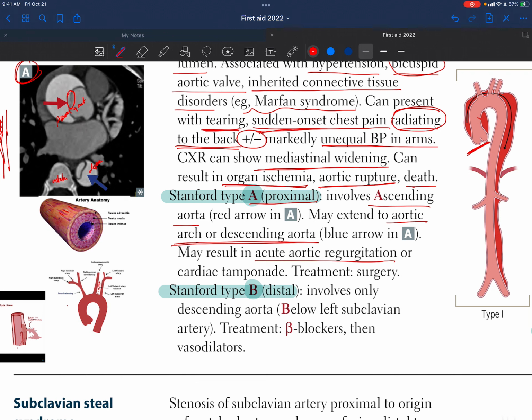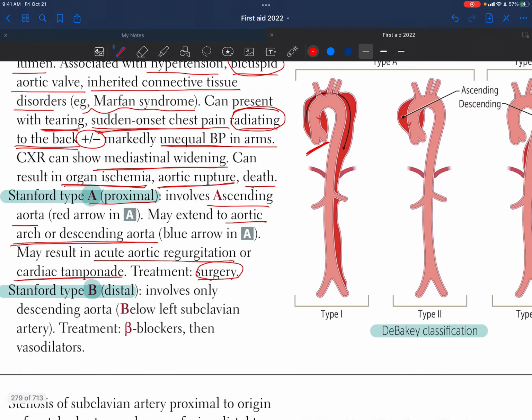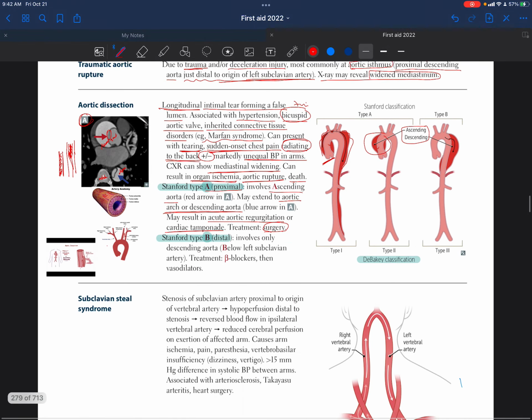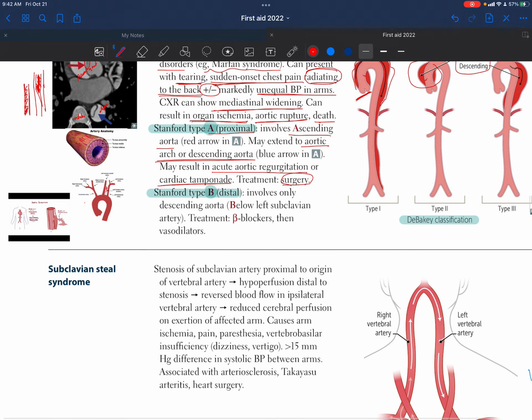It may result in acute aortic regurgitation or cardiac tamponade. Treatment is, of course, surgery. So this is type A. It could involve only the ascending aorta, as in here, or the whole thing, but starting from the beginning of the aorta.